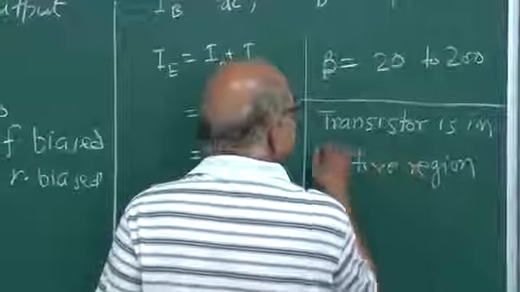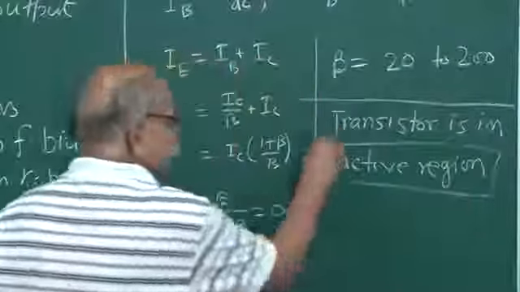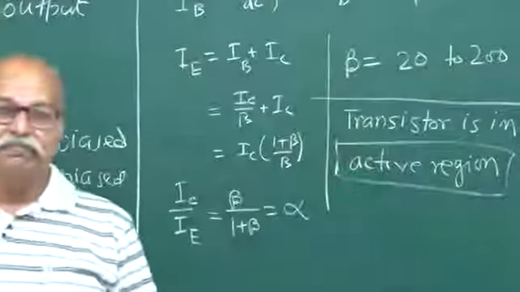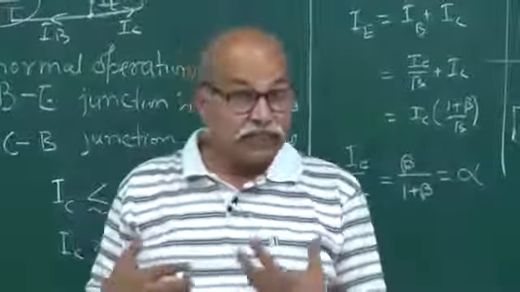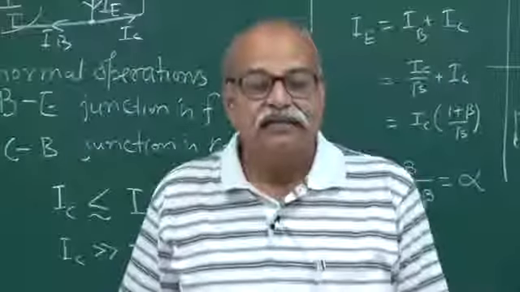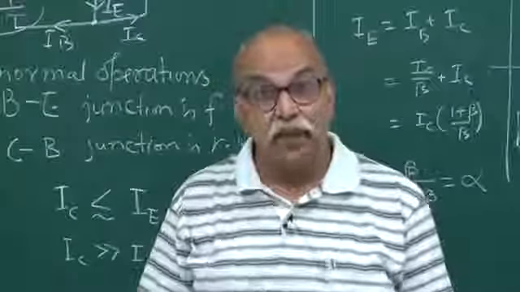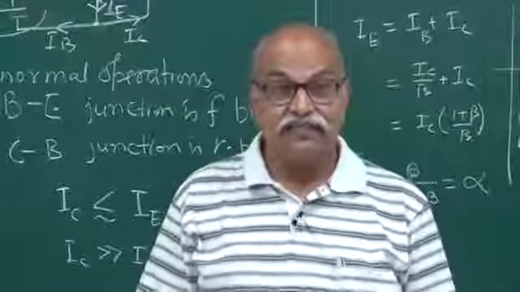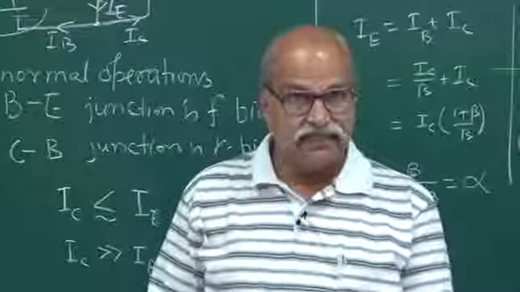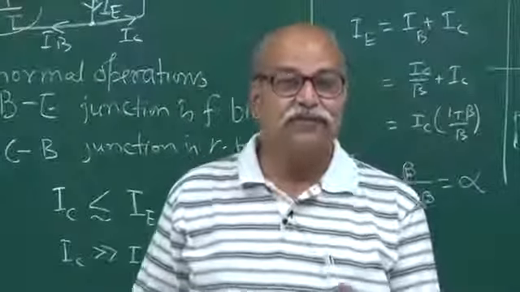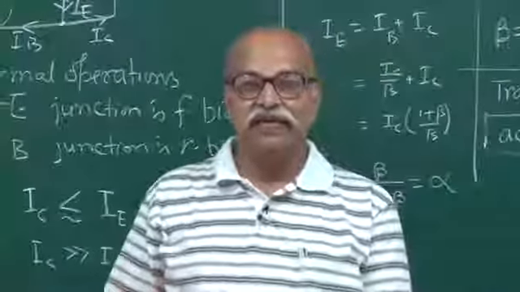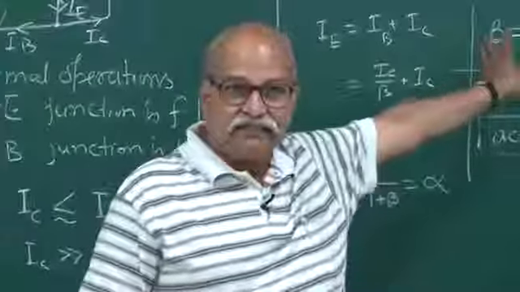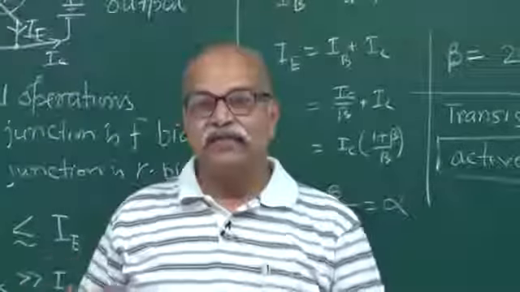This is the name given, active region. In active region your base emitter junction is properly forward biased, and this collector base junction is properly reverse biased, so that it is ready to receive all those electrons which are coming from the emitter to the base with this fraction, of course. So, with that it is ready.